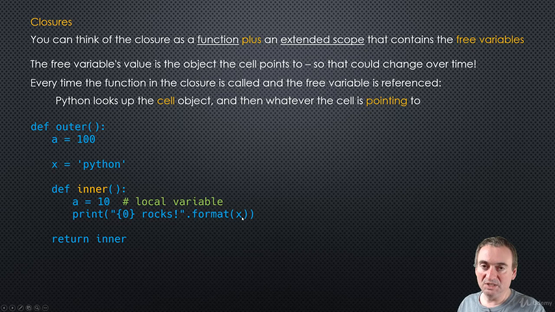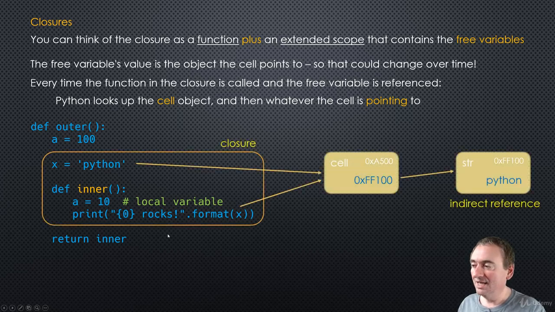Well, this x wasn't assigned a value, so Python, when inner is created, says, aha, this is going to be a nonlocal variable. In other words, inner is a closure, and it's going to create that double hop. So a is going to be a direct pointer to the object 100, but x is going to be a pointer to a cell, and this x is going to point to the same cell as well, right? So this is our closure, and these two x's point to the cell, which indirectly references the string Python.